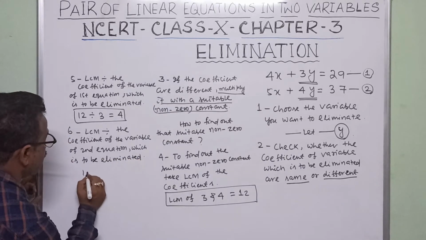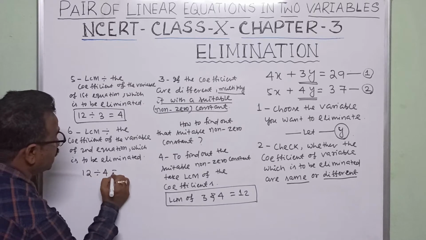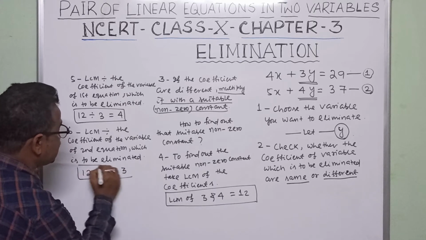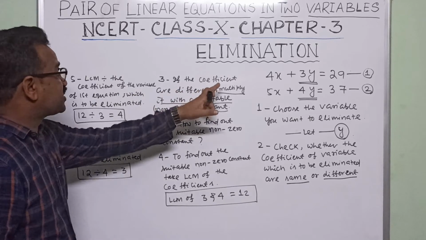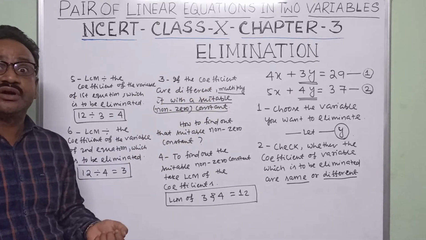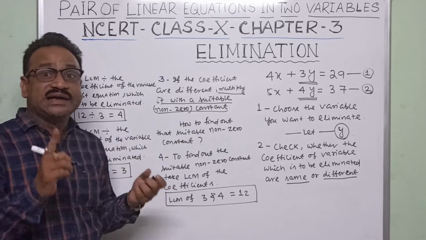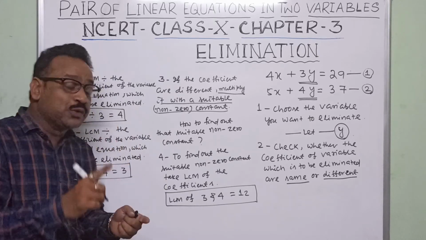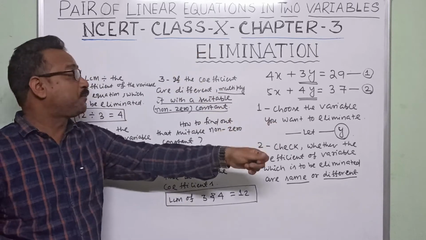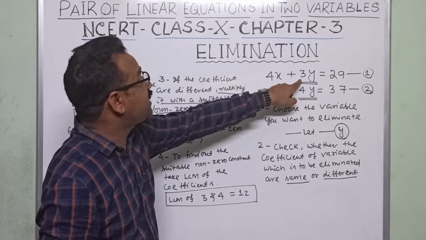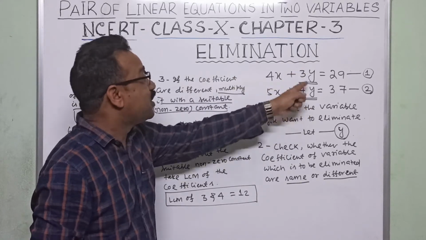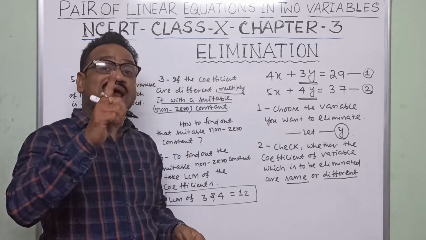So here 12 divided by 4 is equal to 3. So this 3 is the suitable non-zero constant to be multiplied in equation 2 to make the coefficients of equation 1 and equation 2 the same for the variable which is to be eliminated.